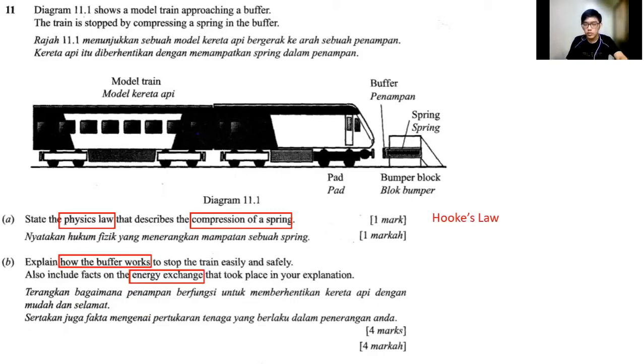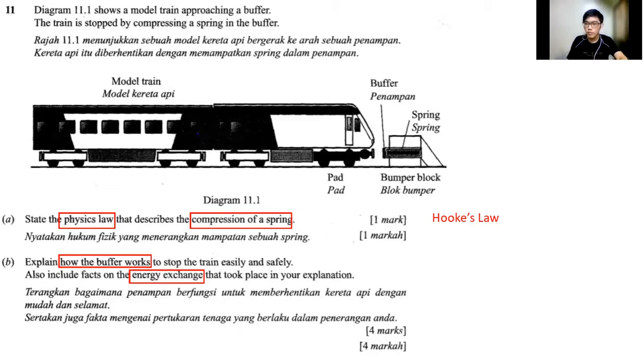So as we know, when the train wants to stop, it will push, or we can say compress, the spring here. There is a force on the train which is known as the thrust force, or we can call it the reaction force. So when the spring is compressed, it can increase the time of impact.